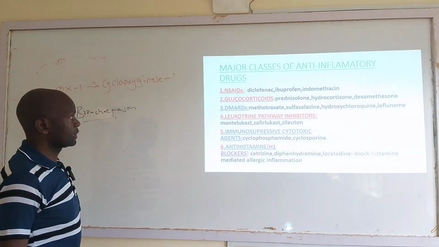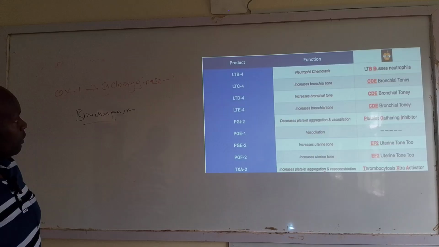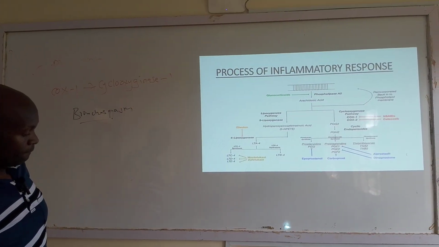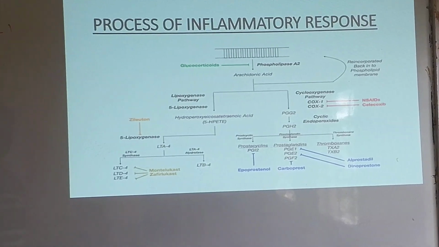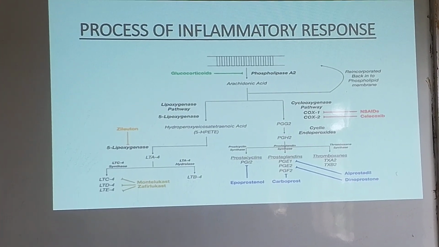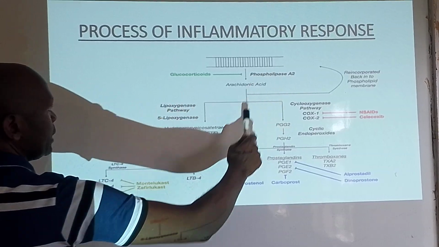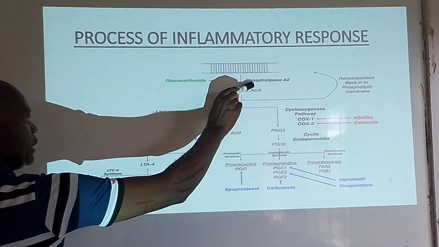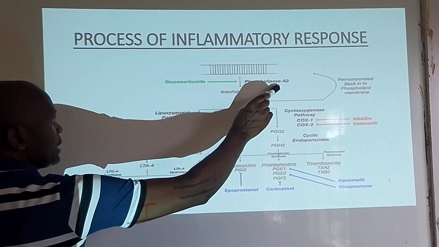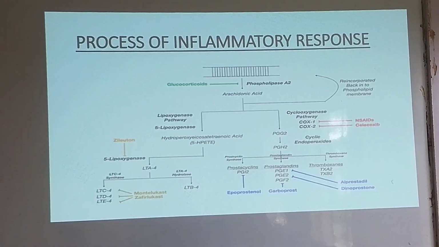anti-inflammatory drugs. So maybe if we can revert back to our previous illustration, the corticosteroids like prednisolone, dexamethasone, and hydrocortisone, they act by inhibiting this enzyme here called phospholipase A2. So they work at this point here. Once they inhibit this enzyme, then it means all these cascades will not take place.